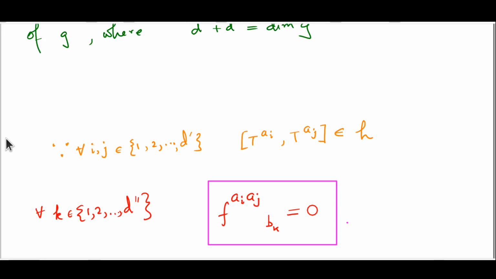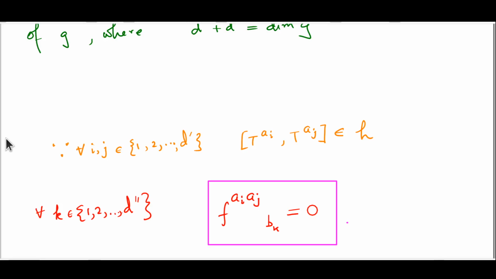So what we must have is that f_{ai aj}^{bk} must vanish. That is, if the two lower indices are taken from generators which refer to the subalgebra, and the upper index is taken from a generator which does not refer to the subalgebra, the structure constant must vanish. So this actually is the structure constant version of the statement that H is a subalgebra.